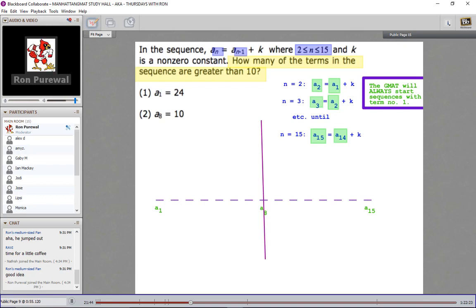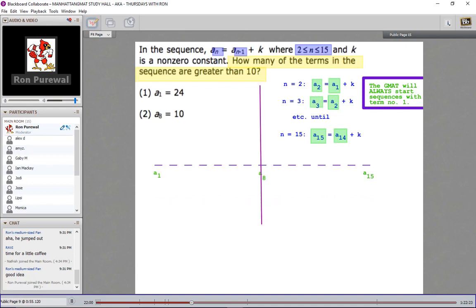Sorry about that. You got booted off the internet for a second there. Okay, let me move this stuff again. The goal is to figure out how many of these blanks are greater than 10. The goal is not to find the actual numbers in the blanks.